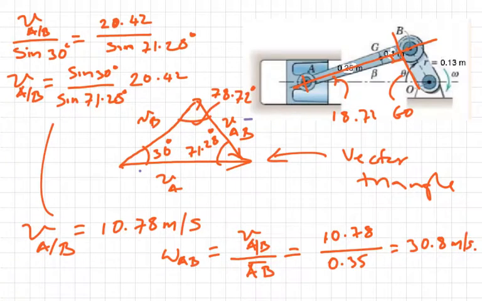Next, we need to determine the velocity of G. And this is known, G is along the AB rod.